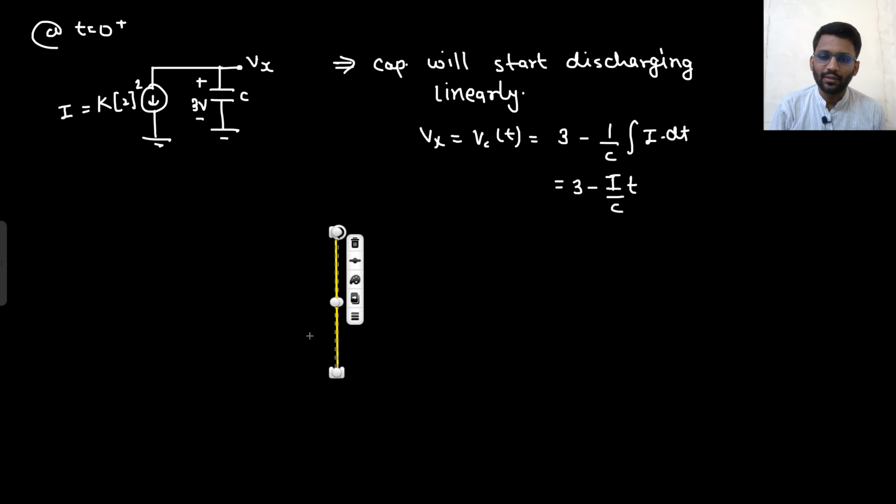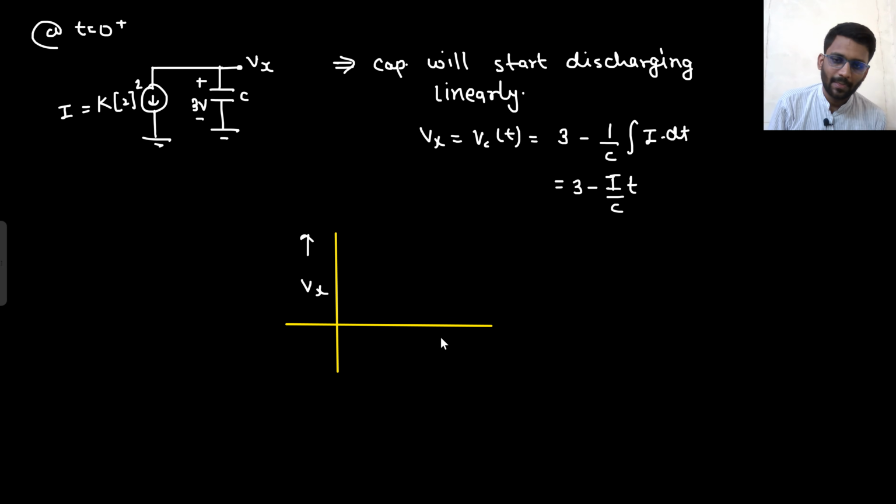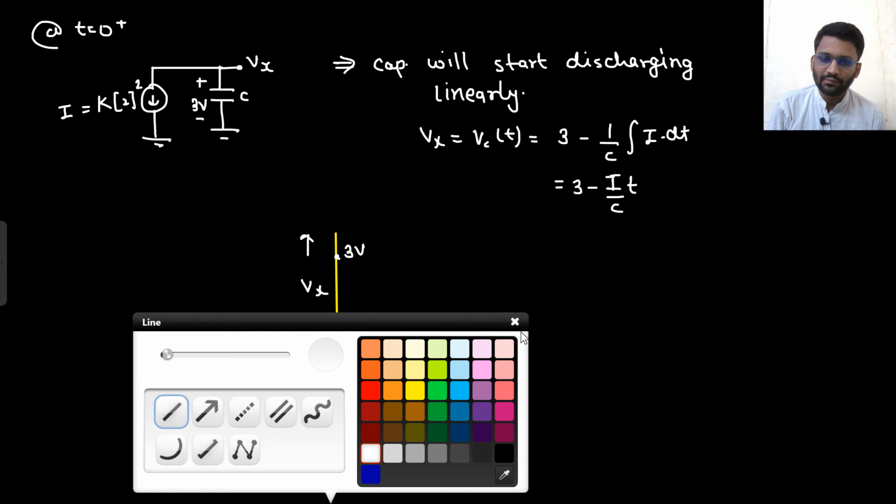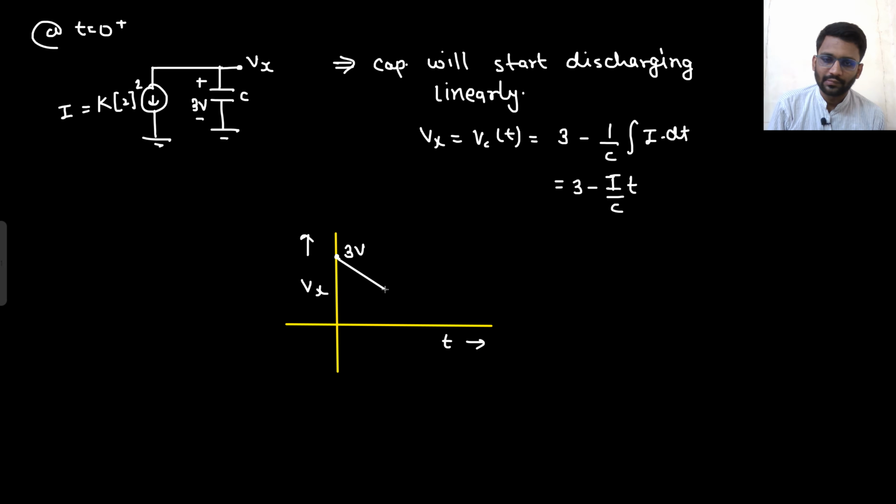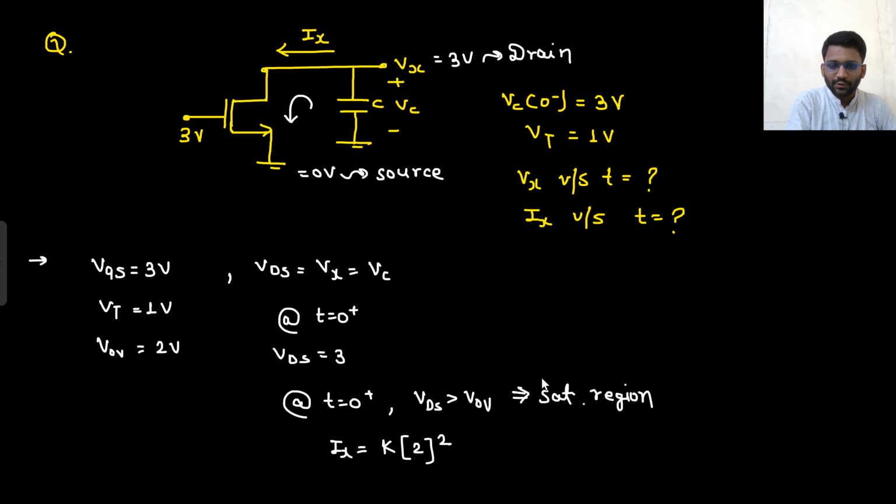You are drawing Vx versus time t. Initially your voltage was 3 volt. Now it is going down. Till what voltage will it go down? Till what time, we don't know. But the voltage will go down until VDS equals 2 volt.